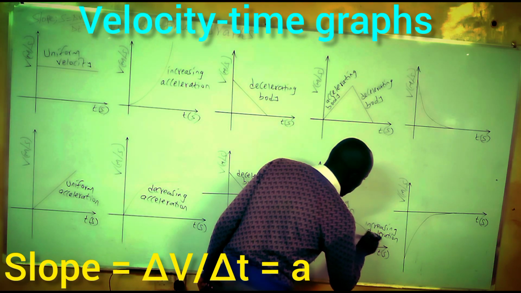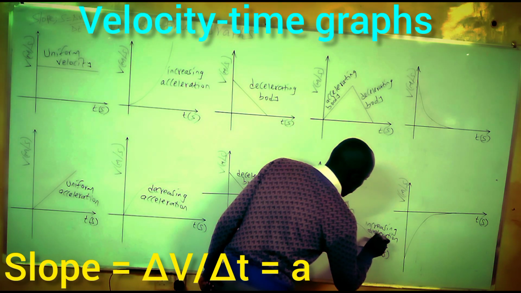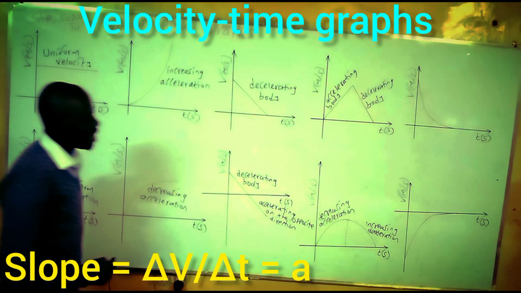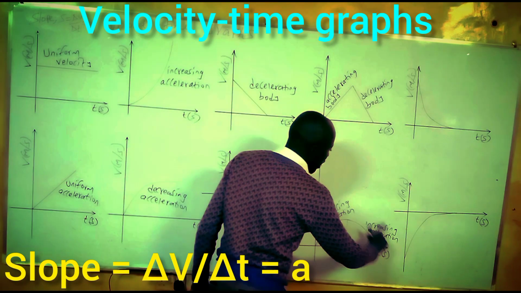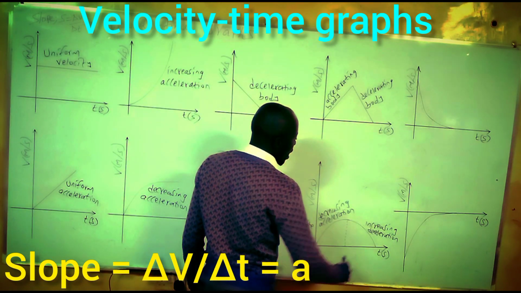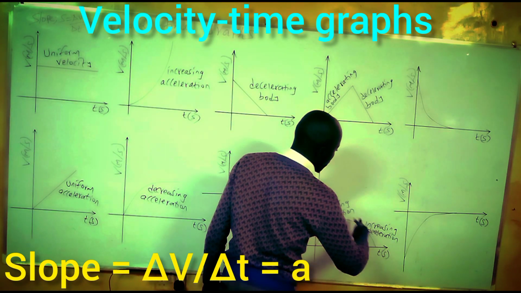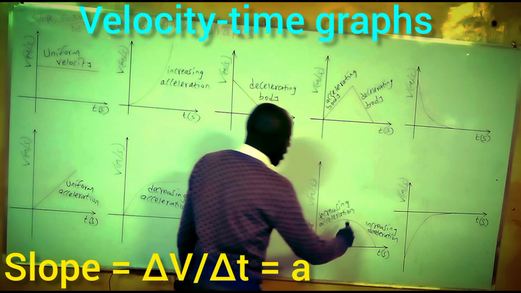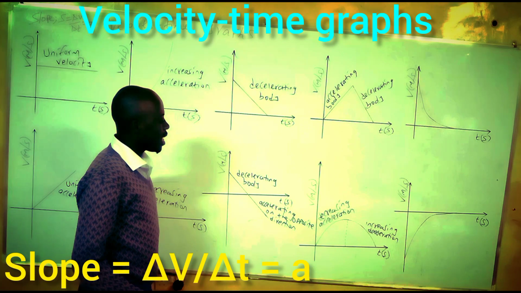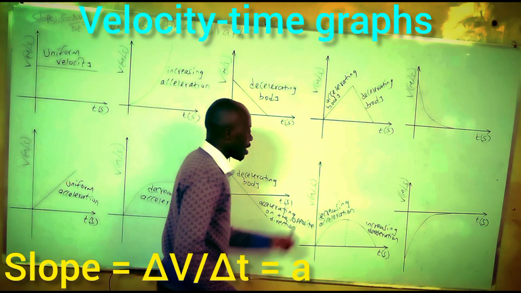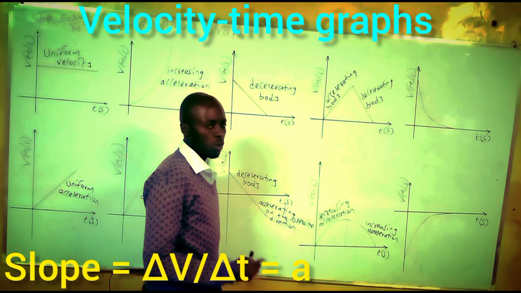The reason is that the slope is negative. If you pick any tangent here, the slope is negative, and when the slope is negative, acceleration is negative, because slope is acceleration.